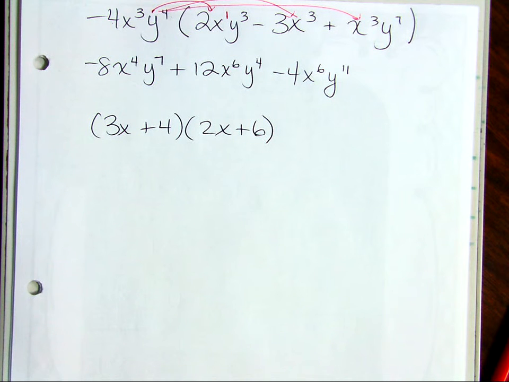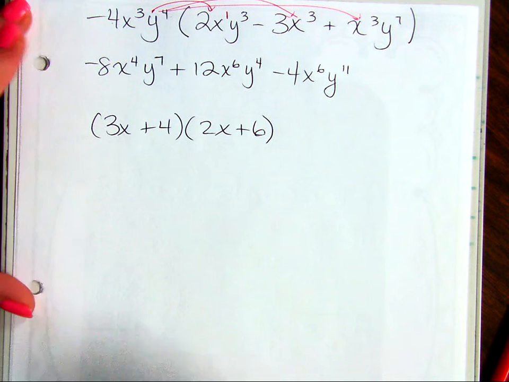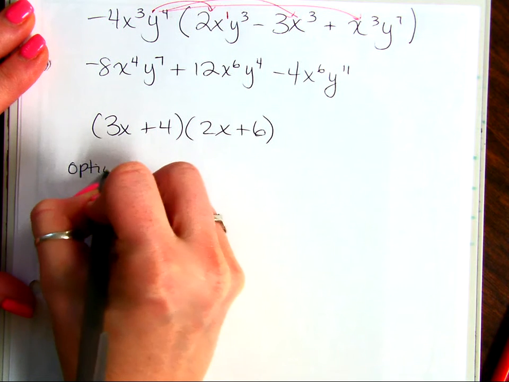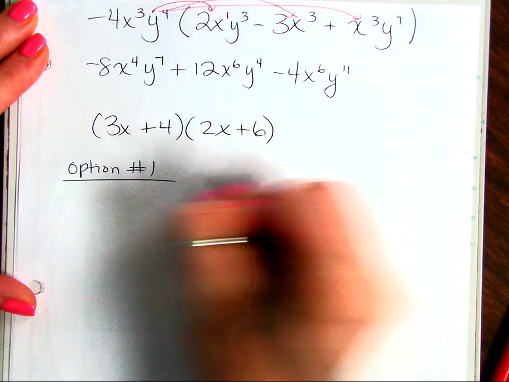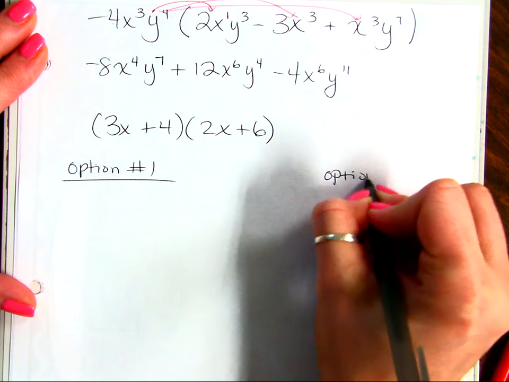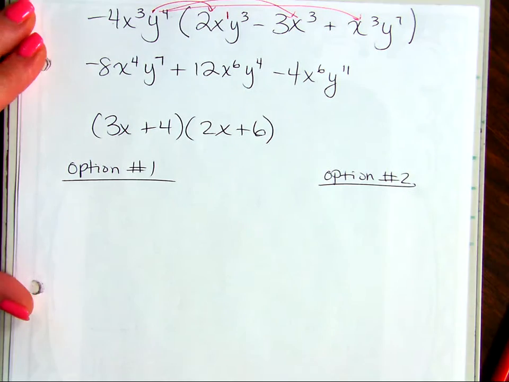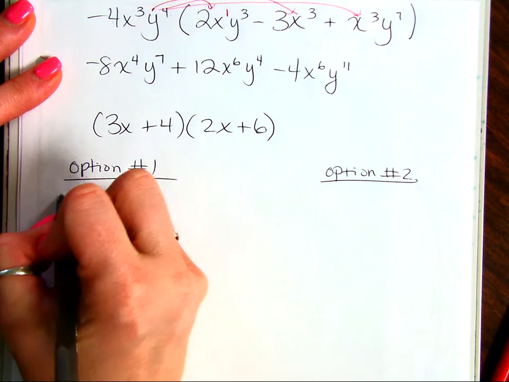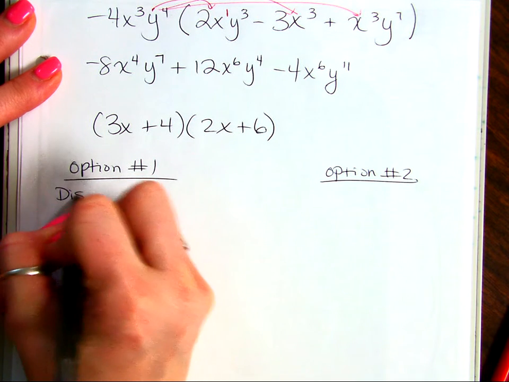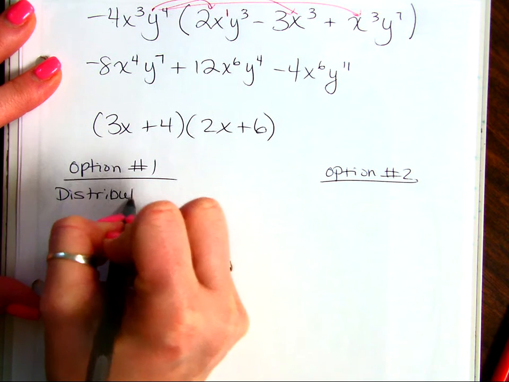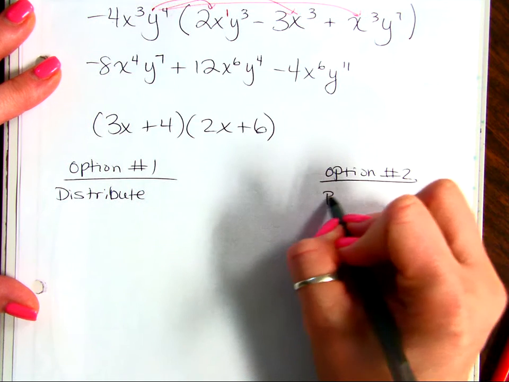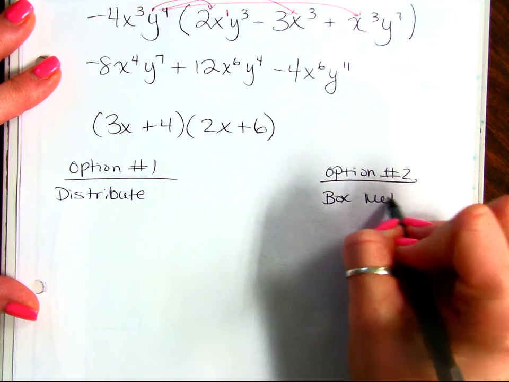Because sometimes people will do the way that I kind of tell them is my favorite. Okay? So we'll just say option 1 and option 2. I'll give them names. You're going to watch them both and decide which one you like. We're going to just use the distribute. And then there's also something called the box method.